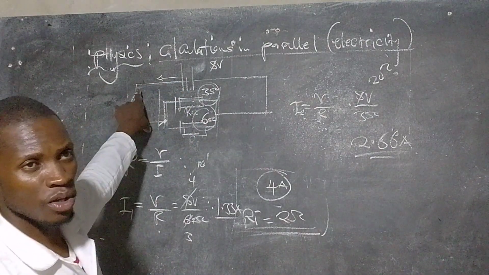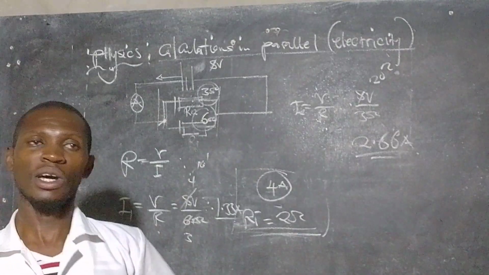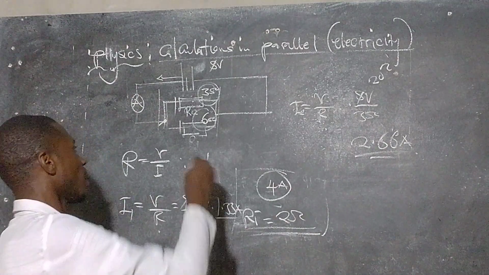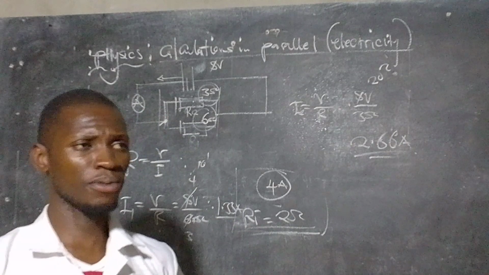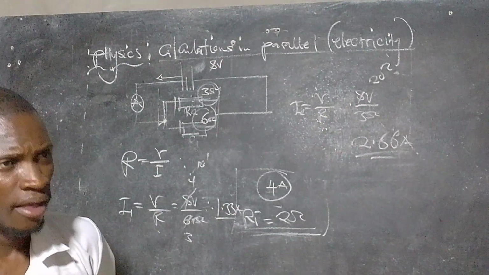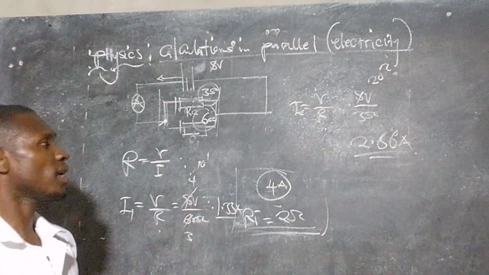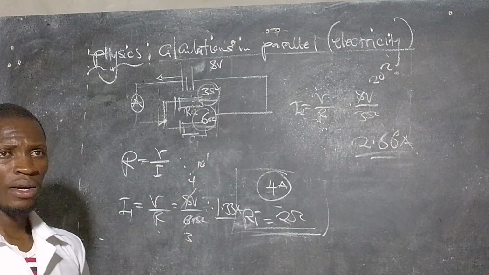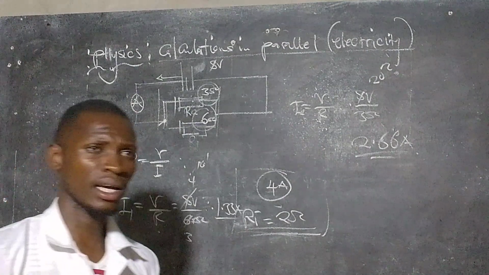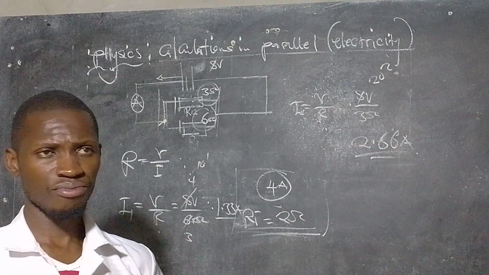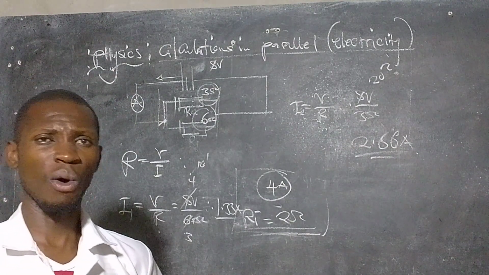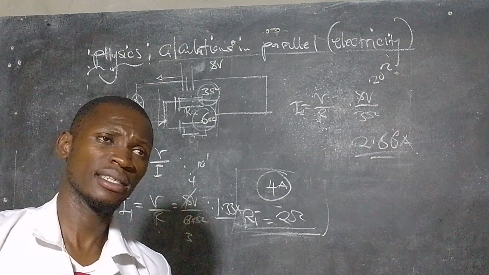You need to know to find the total current, then after finding the total current, you can also find the amount of current which was passing through each individual resistor. Therefore, for today, we end there. Next time, we'll look at how we can calculate current and voltage in each resistor in a combined circuit.